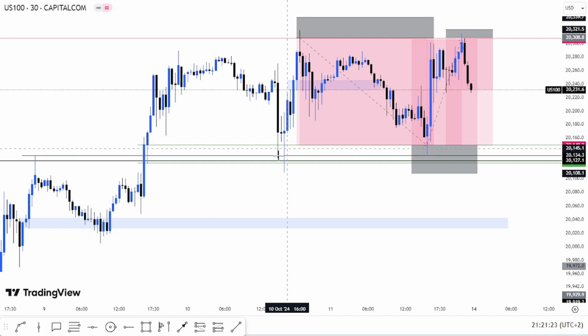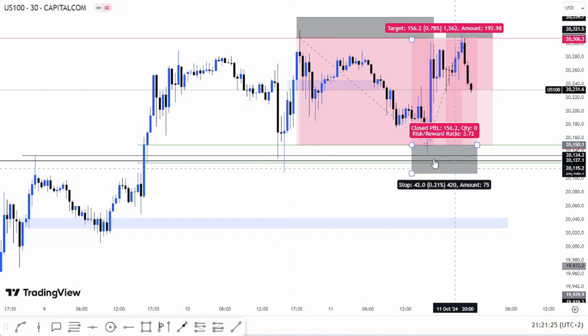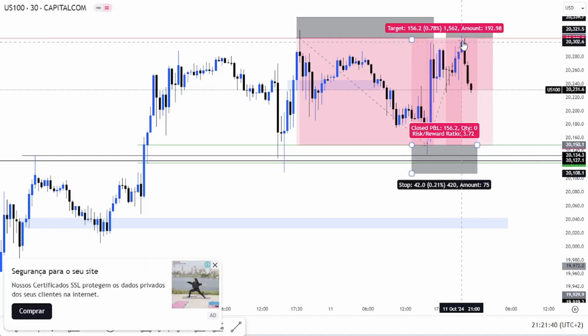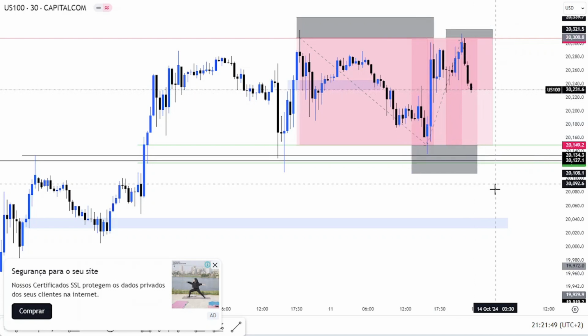So I enter here, my risk reward was 1 to 3.7, which was good. Ended up hitting TP, and then around 9 we entered for sells here. We're still in the trade. We hope that Monday we're going to push price to the downside.